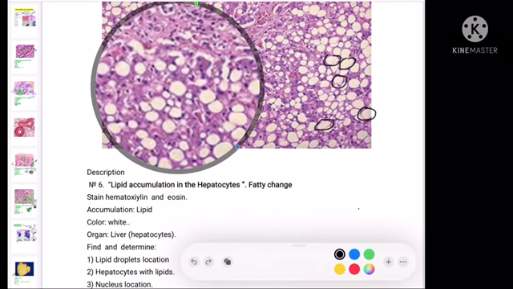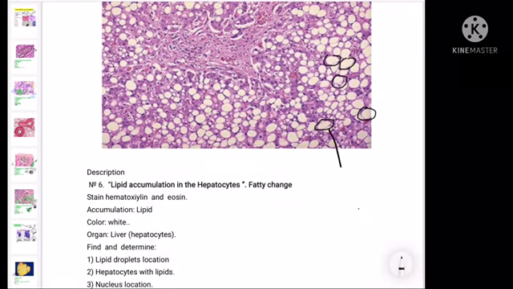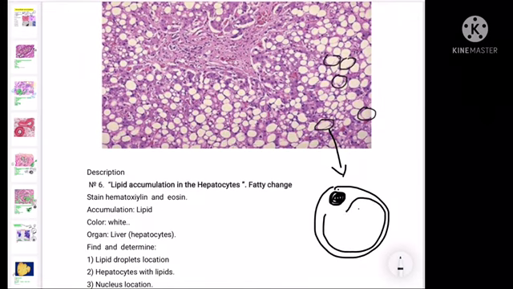If I zoom this image, you can find the nuclei on the periphery, and this one is a big droplet of fat. So this is again the fatty change of the liver histologically.